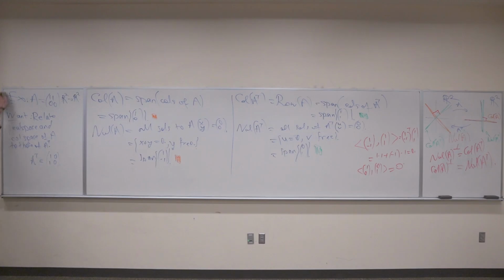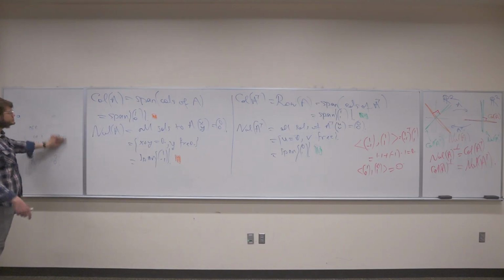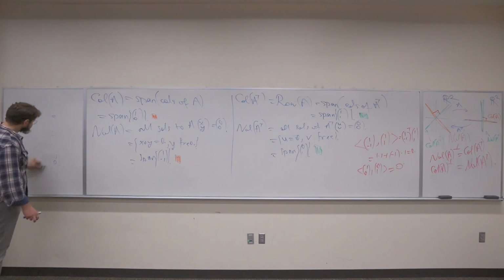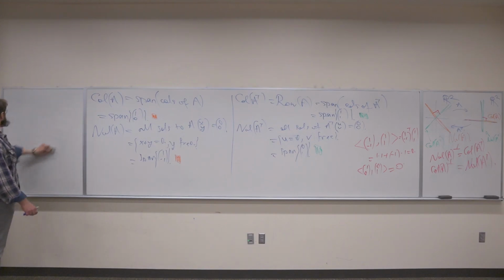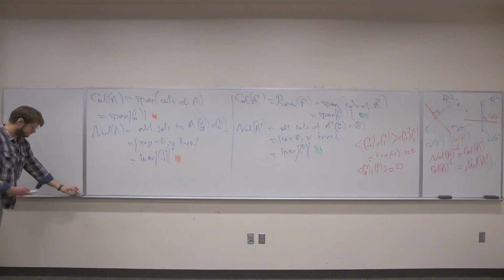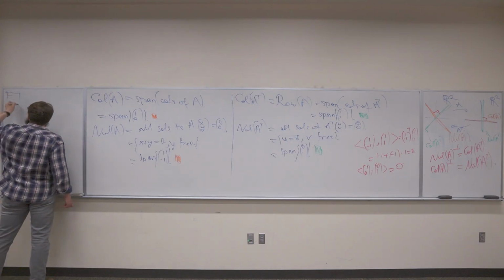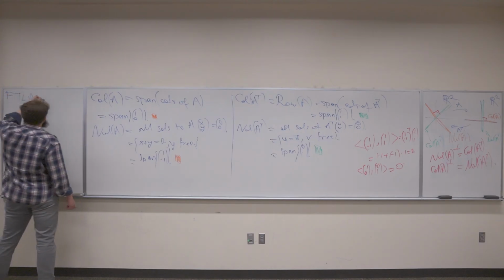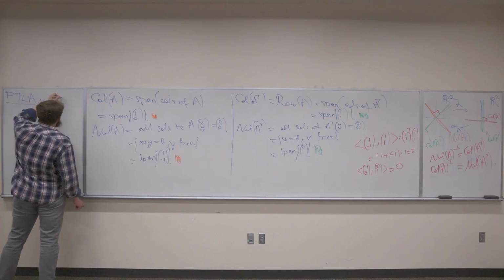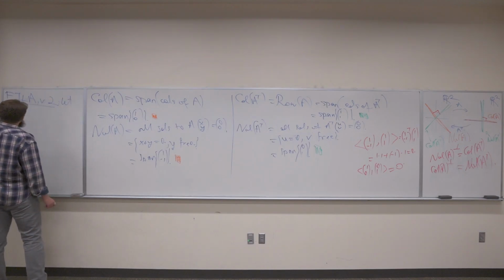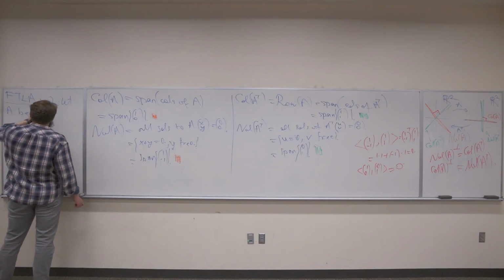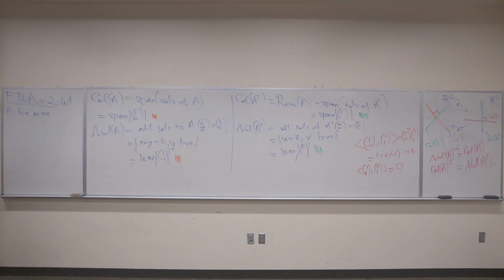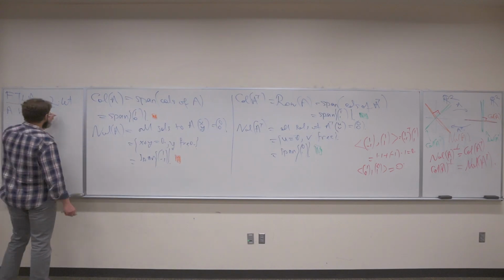I'll write it here. This works more generally. So, fundamental theorem of linear algebra, version 2. Let A be m by n. So I'm thinking of A going from Rn to Rm.